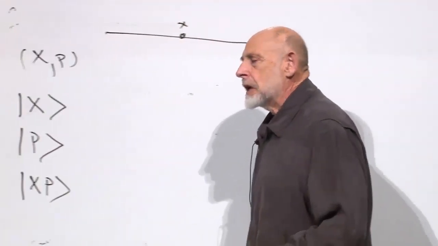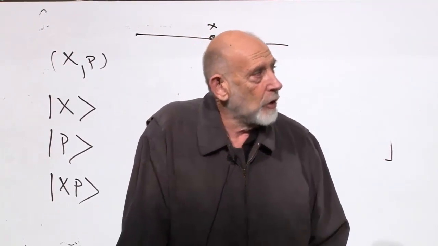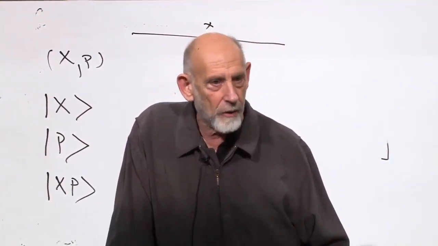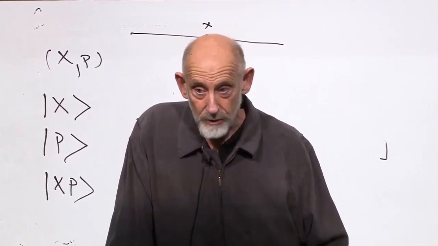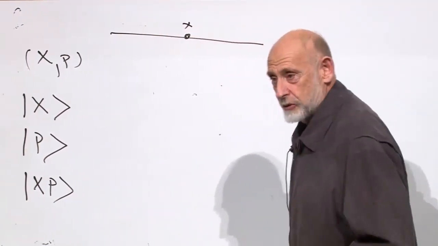And the answer is in quantum mechanics that x and p are too much information. In the same way that for the spin, knowing sigma x and sigma y, or sigma z and sigma y, or whatever, is too much information. You can't know both of them simultaneously. The same, of course, is true in quantum mechanics. It's actually more familiar.